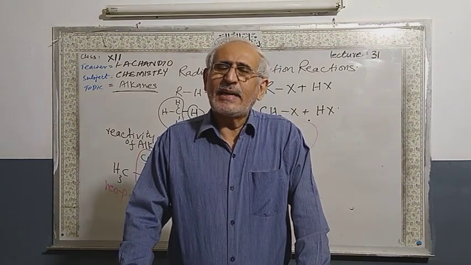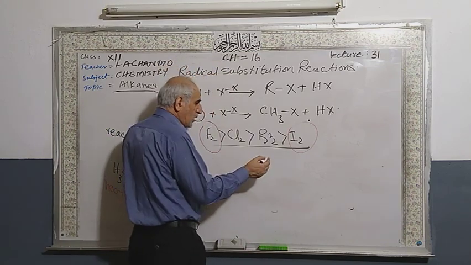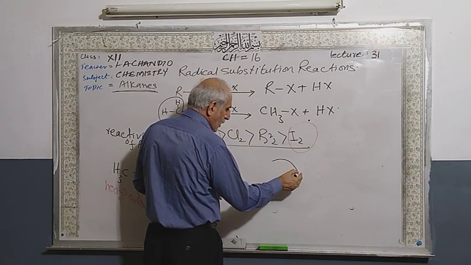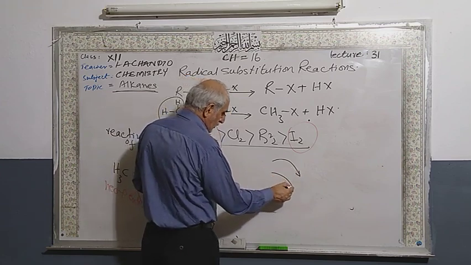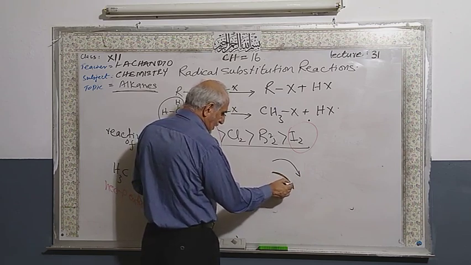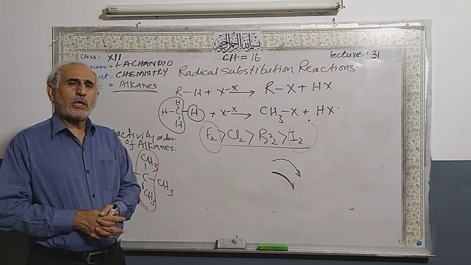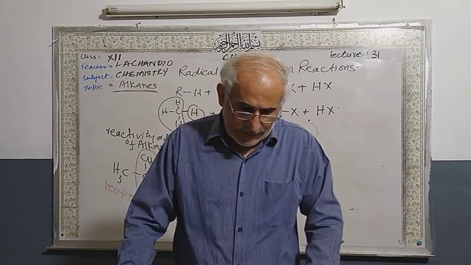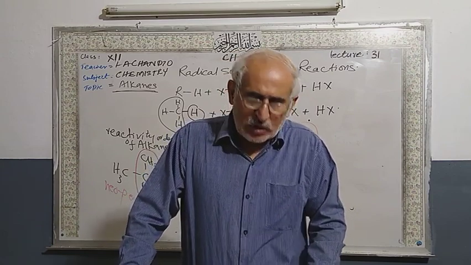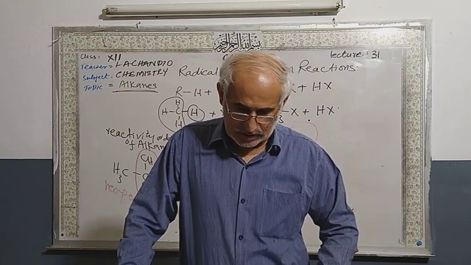So we use curly arrows. There are two types of curly arrows: two-headed arrows, the full arrow, and the half arrow. This is a half arrow, this is a full arrow. Curly arrows are used to show the movement of a pair of electrons.